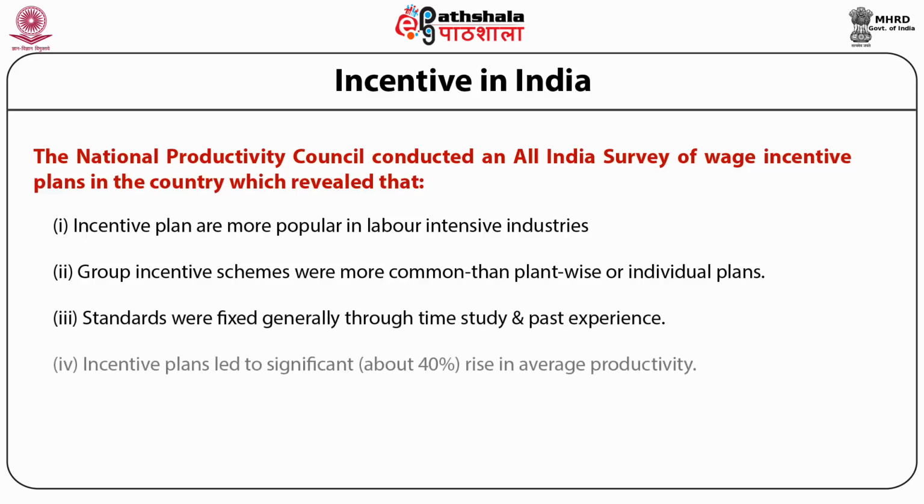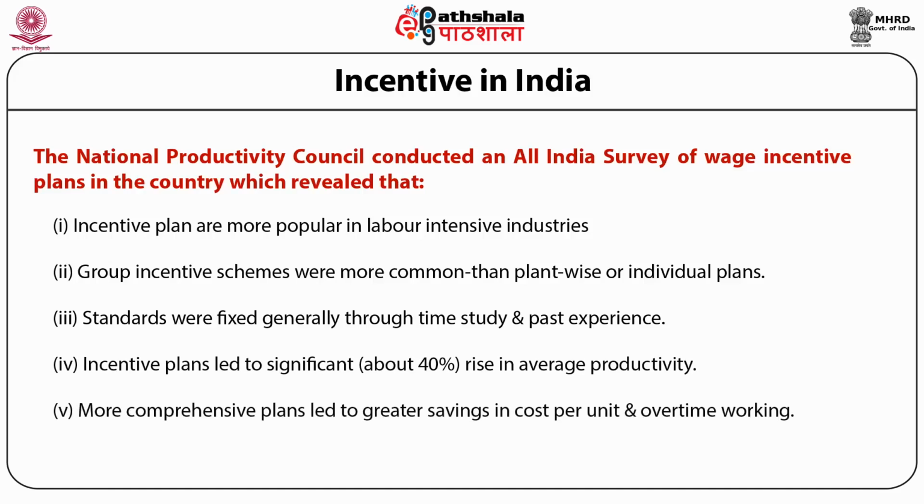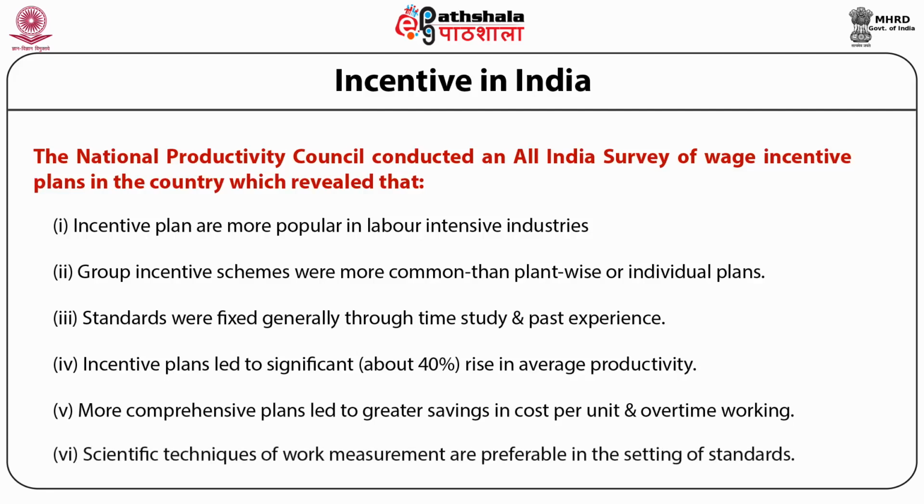Fourth, incentive plans led to a significant, about 40%, rise in average productivity. Fifth, more comprehensive plans lead to greater savings in cost per unit and overtime working. And sixth, scientific techniques of work measurement are preferable in the setting of standards.